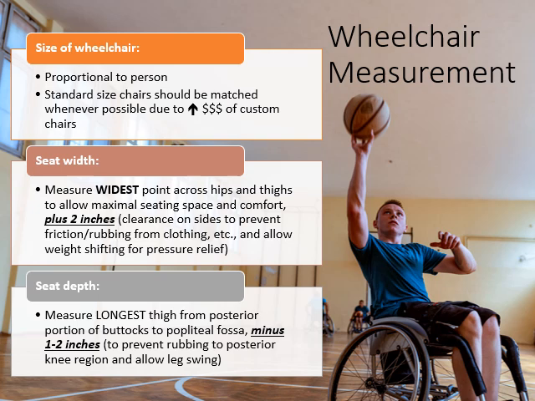If the leg swells, we want to allow some movement over there, and then also to allow for leg swing and leg flexion during transfers. So the depth of the seat is going to be from the back side, the back of the buttocks, all the way to the back of the knee, minus 1 to 2 inches to get that clearance behind the knee.